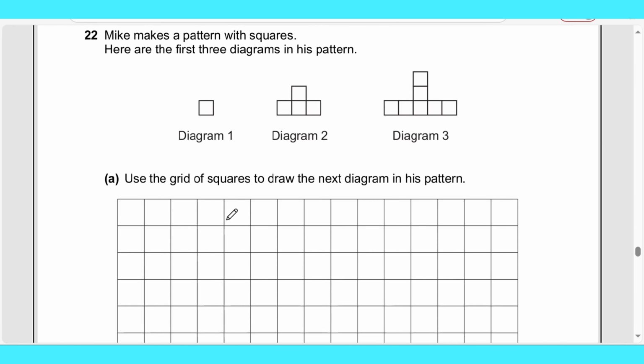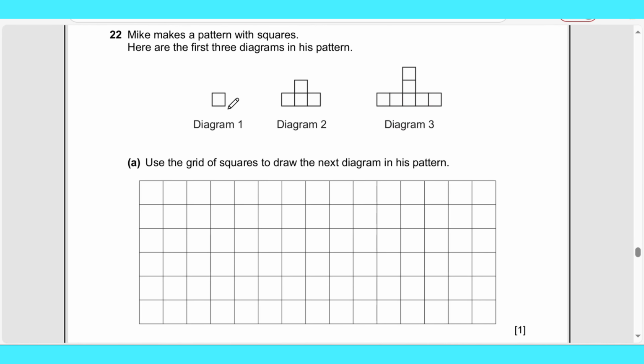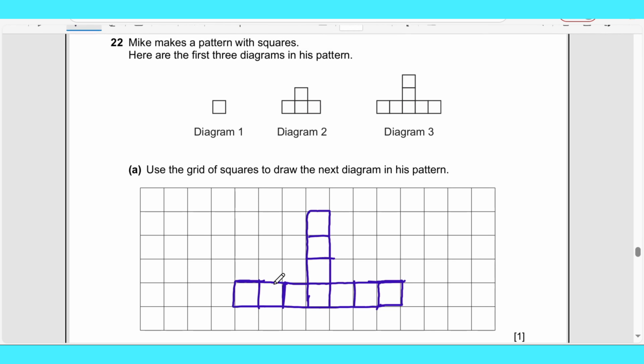Mike makes a pattern with squares. Here are the first 3 diagrams in his pattern: 1, 2, 3. Use the grid of squares to draw the next diagram in his pattern. This one is good if you have this printed out, so let's check out the answer. So here we go, this is diagram number 4, the next diagram. So why does it look like this?